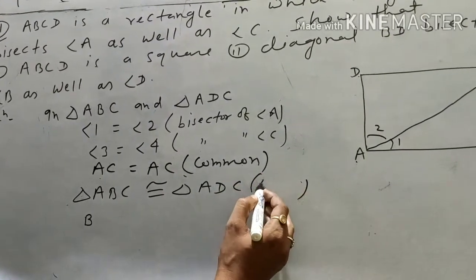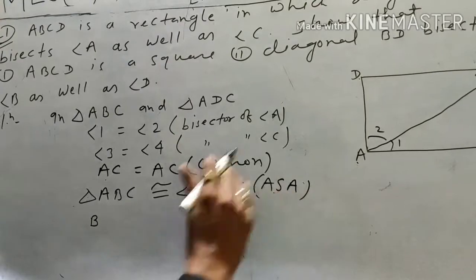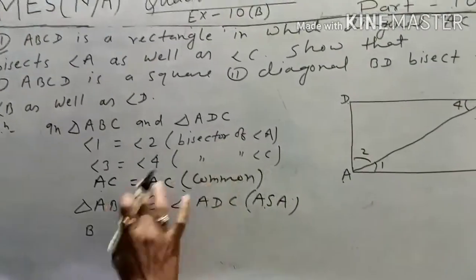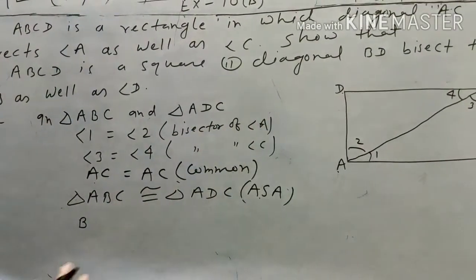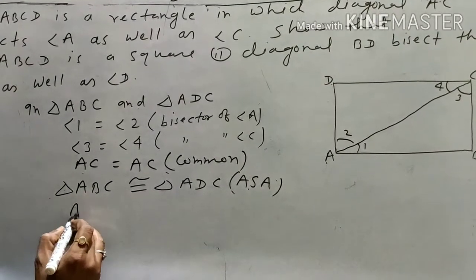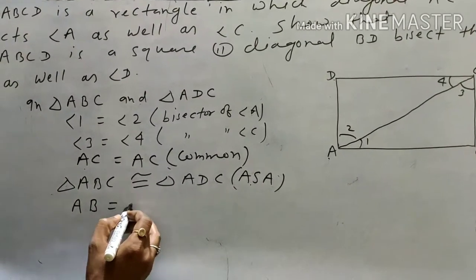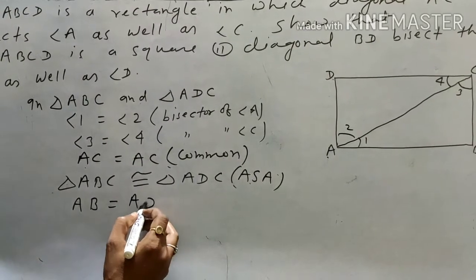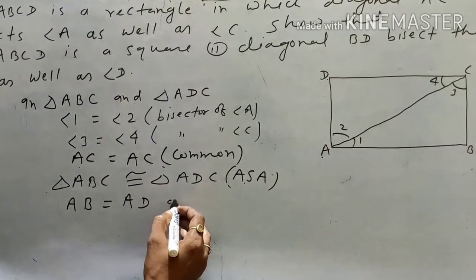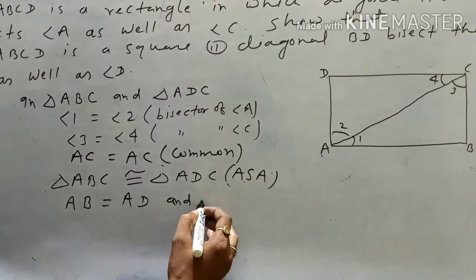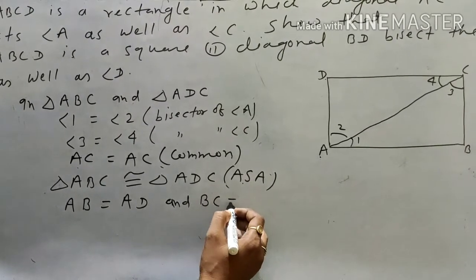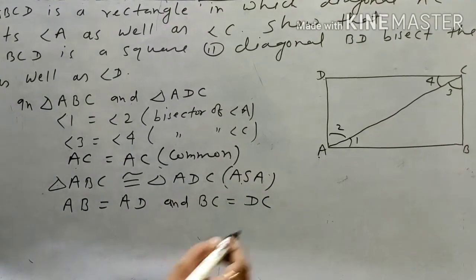We can write here angle side angle. By angle side angle criteria, these two triangles are congruent. By CPCT, we can write here AB is equal to AD and BC is equal to DC by CPCT.